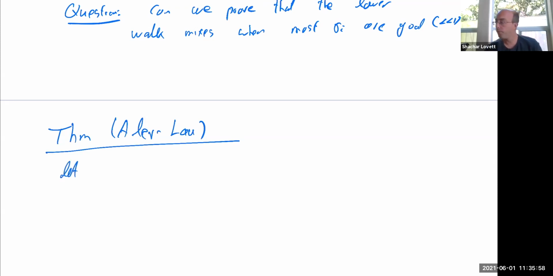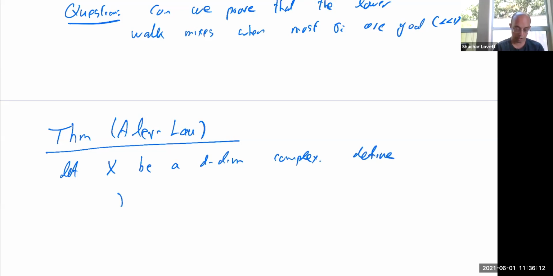Let X be a d-dimensional complex. And again, we define gamma i to be the maximum of lambda 2 of X_tau over all tau in X_i.